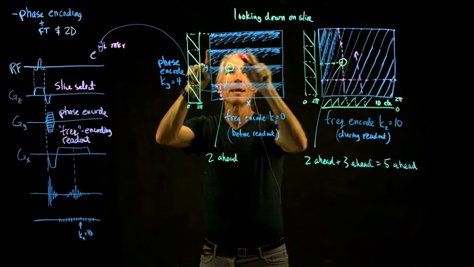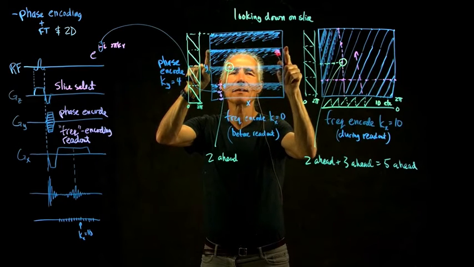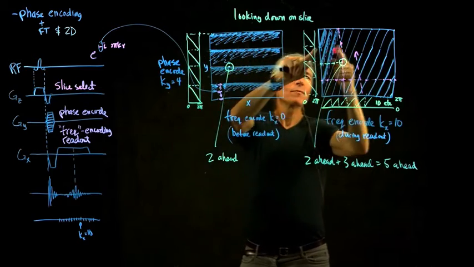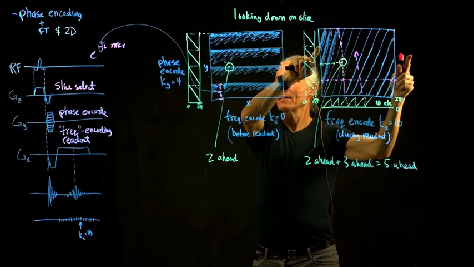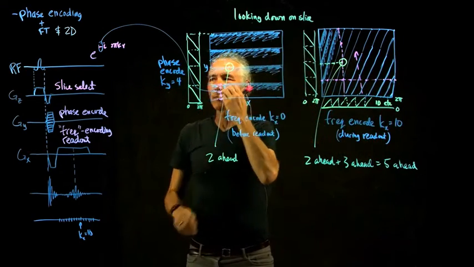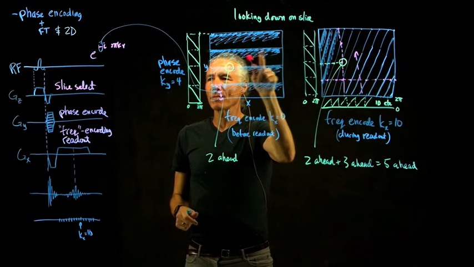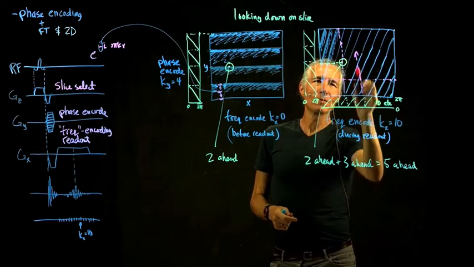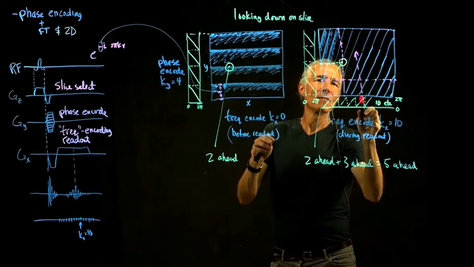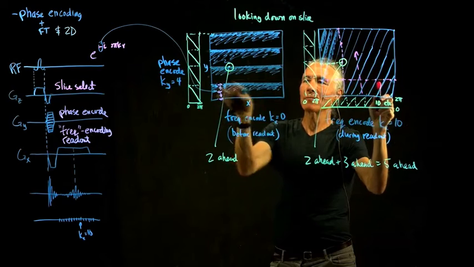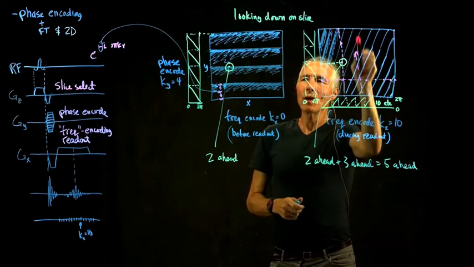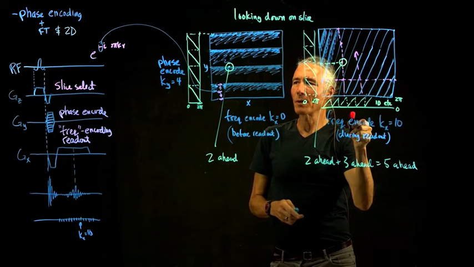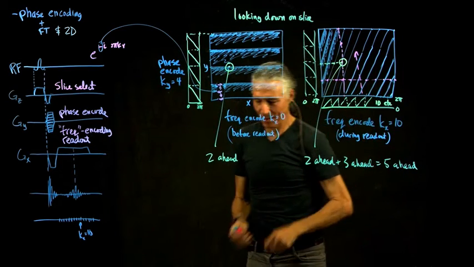These guys are all 3 ahead, but if we move in the x direction, it looks like there's no wrap in phase. And now if we move in the x direction, there'll be 10 wraps in phase. But we kind of ignore the 3 because we can't see it, because it doesn't change when we move in the x direction. Exactly the same thing applies here. When we move in the y direction, we can't see these stripes that were put on by the frequency encoding.